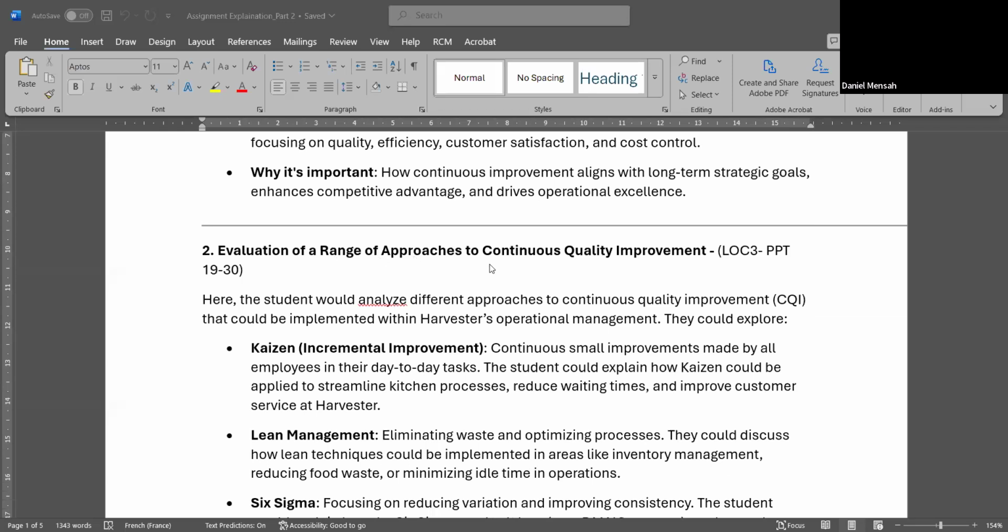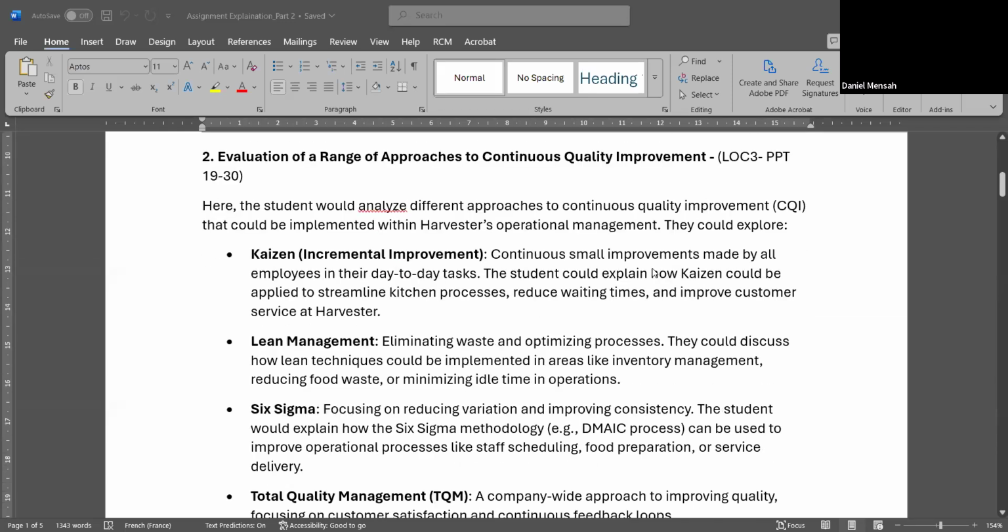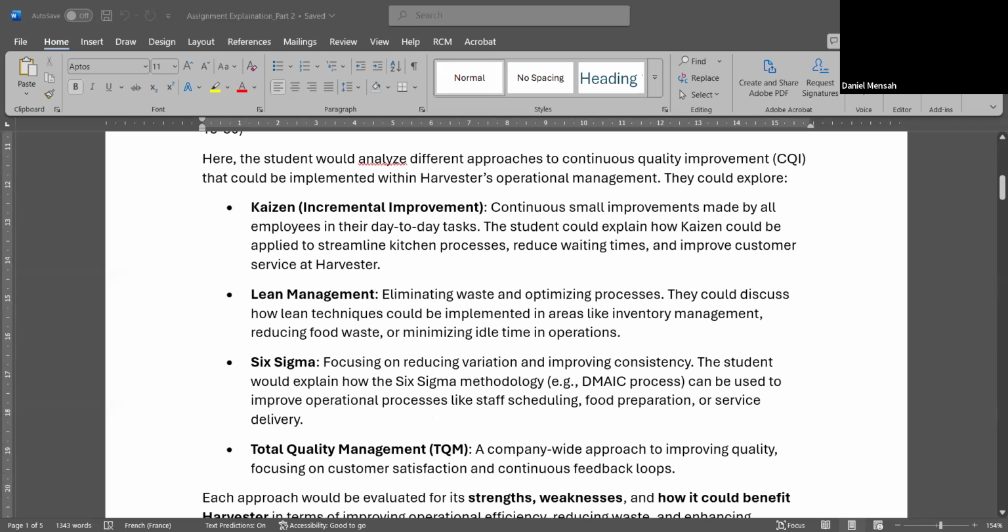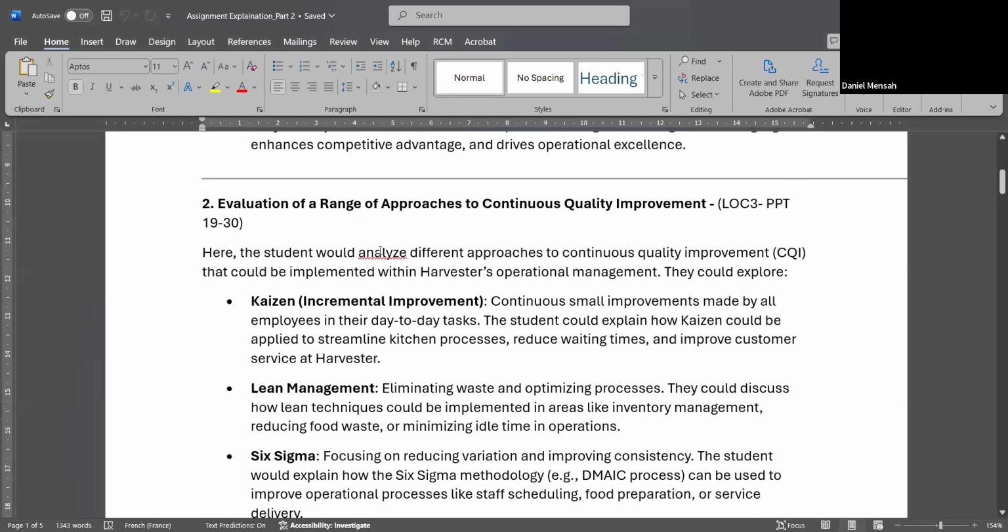Evaluation of a range of approaches to continuous quality improvement. There are different kinds of approaches you will be using. In your PowerPoint slides, under LO3, there are approaches to total quality management, just in time, lean management, quality circles, statistical process control, and process architecture. You can use some of these techniques.